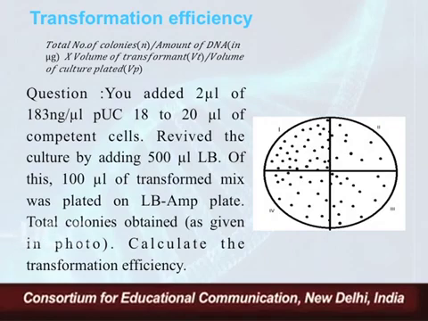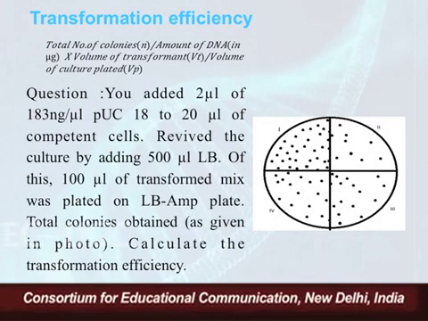The total colonies obtained, as given in the photo, is shown, and you have to calculate the transformation efficiency. So please note down in your notebooks what is given here. The 2 microliter volume of the added DNA is given. The concentration is given, which is 183 nanogram per microliter. The volume of competent cells is given.